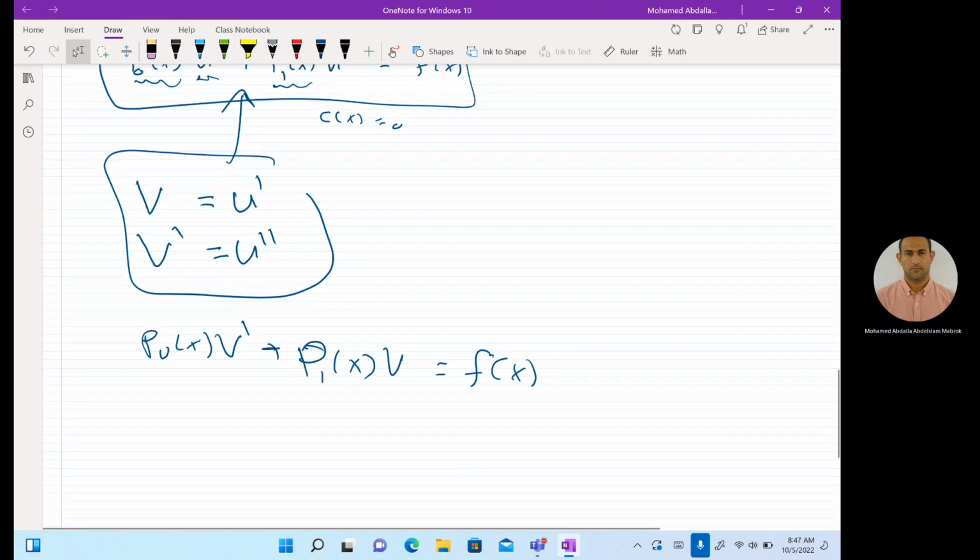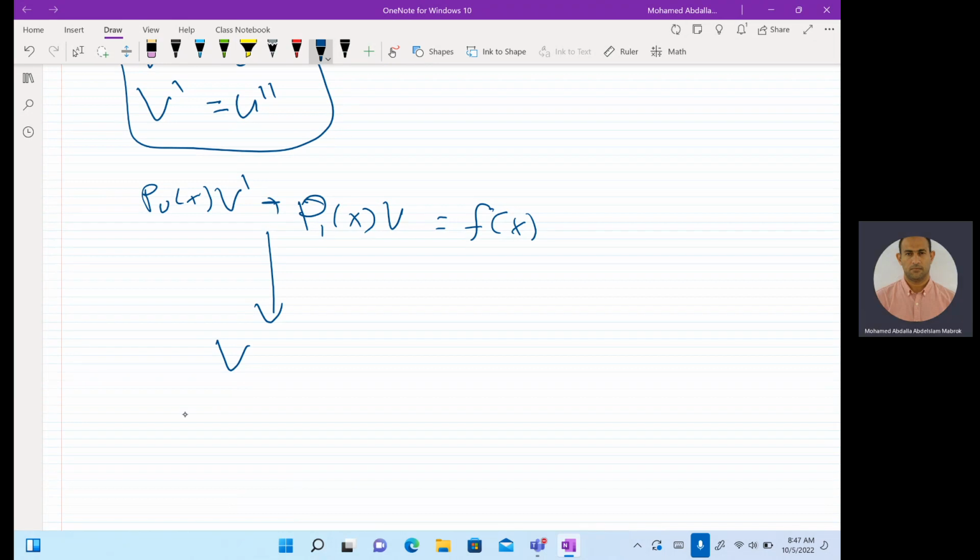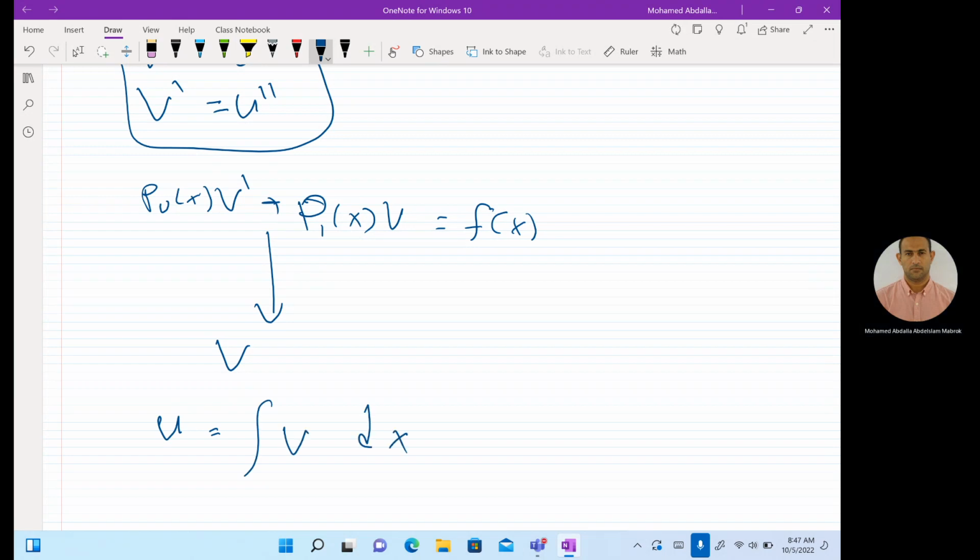And then you know what to do here. You're going to get the v. Once you get the v, you go back to get the u, which is u equals the integration of v dx plus a constant. In fact, that will be constant 2, because you're going to get one constant here.